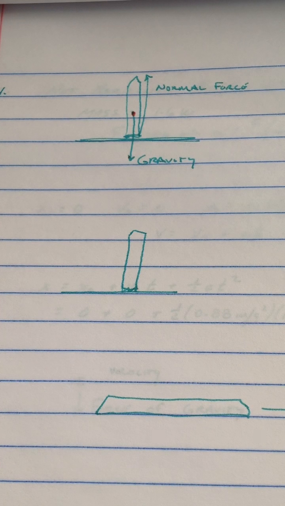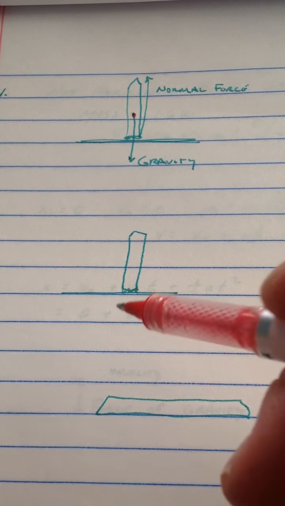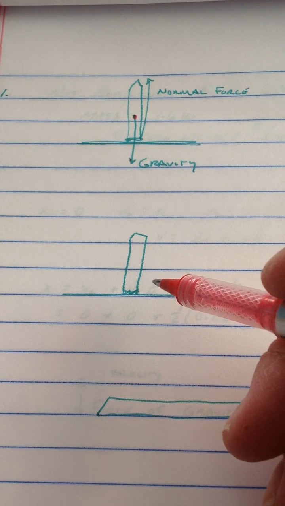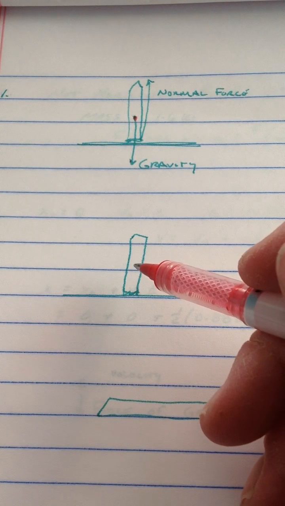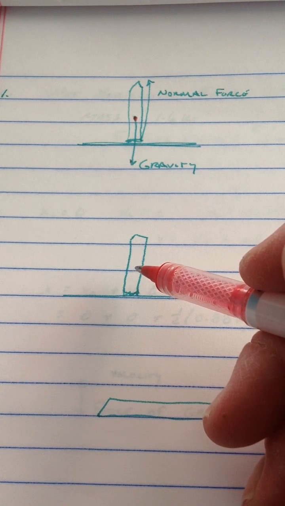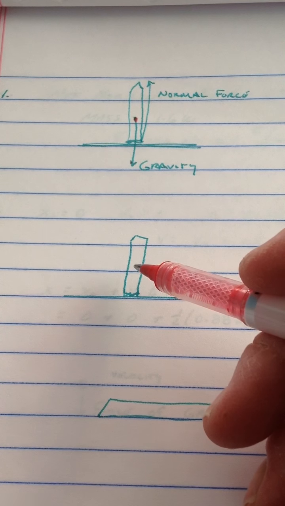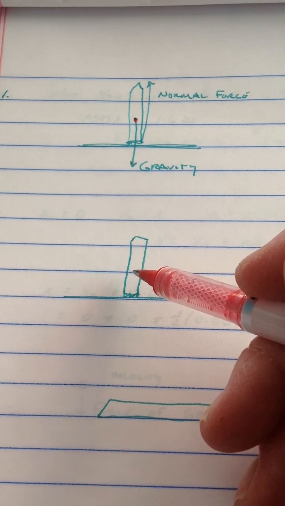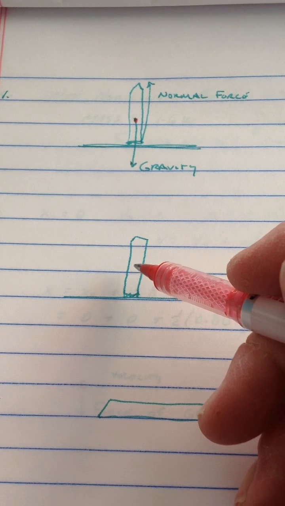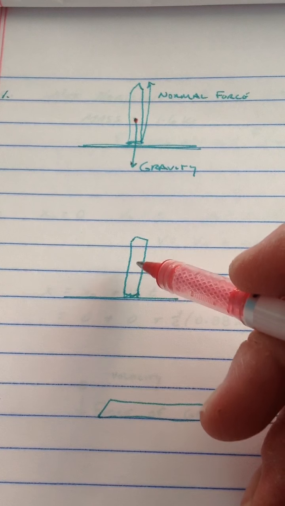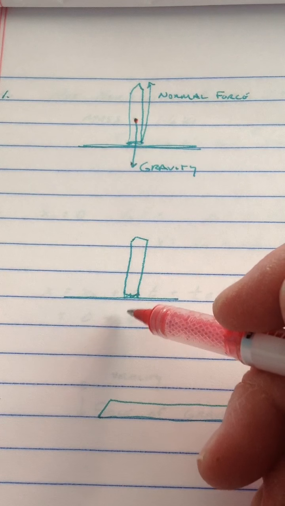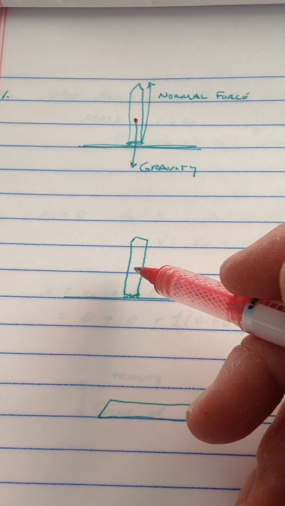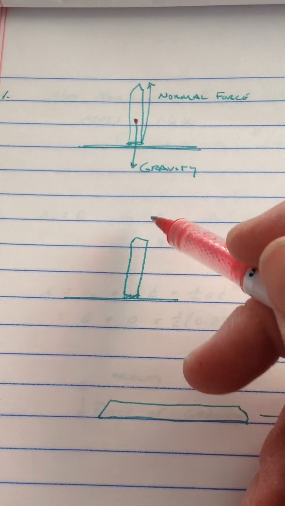Shifting over to number 2, now we have a spaceship sitting still on a launch pad. Once again, sitting still is your cue to know that it has 0 velocity, but more important, it has 0 acceleration. Now, for some strange reason, our planet has no gravity, so we no longer have that force vector downward. And because there is no gravity on our spaceship, we also have no normal force.